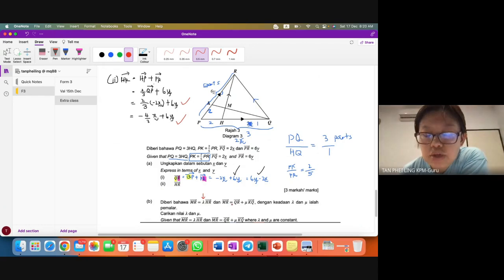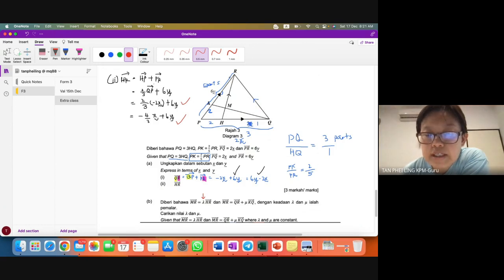And then MR is also equivalent to QR plus mu KQ. QR means from Q to R. It's QR plus mu KQ. Should be QK? Wait, KQ.